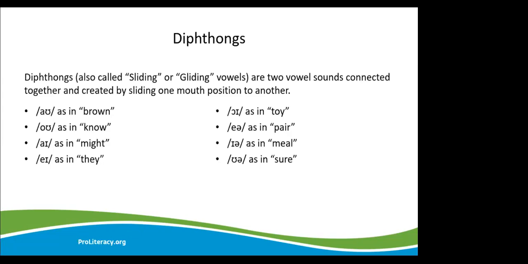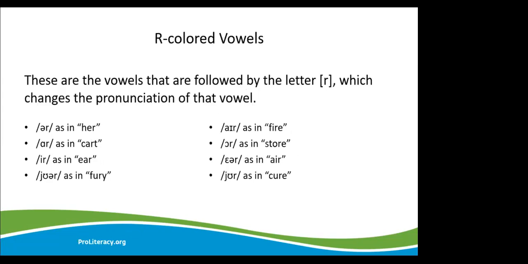We also have to deal with R-colored vowels, where you have that R after the vowel, which is going to influence how it's produced or how it sounds. So we go from "he" to "her," adding that R into "cart," "ear," "buyer," and the R is going to affect the pronunciation of the vowel.